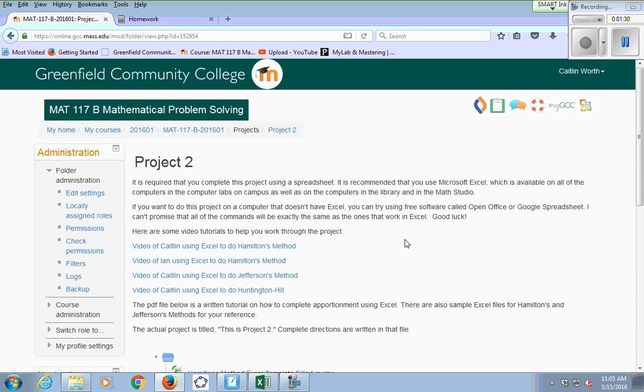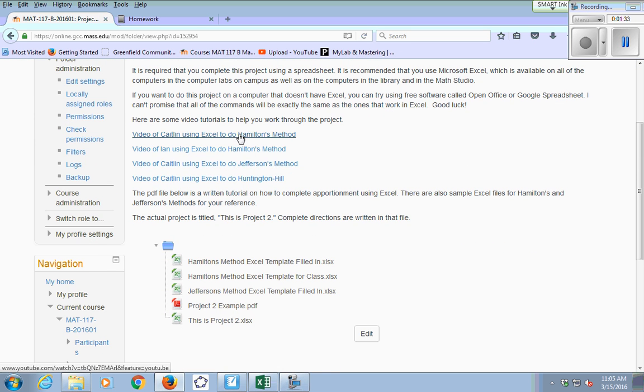There are lots of resources in this folder, including videos with little tutorials about how to do Hamilton's method, how to do Jefferson's method, and then Adams and Webster's method are super similar to Jefferson's. So if you understand that Jefferson's video, you'll be able to do Adams and Webster's as well. And then there's a last video on Huntington-Hill.